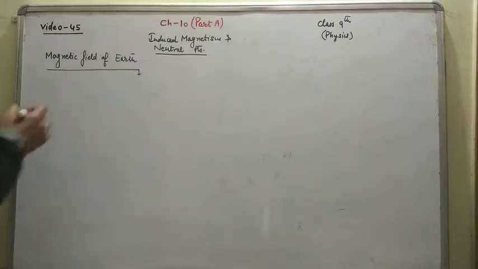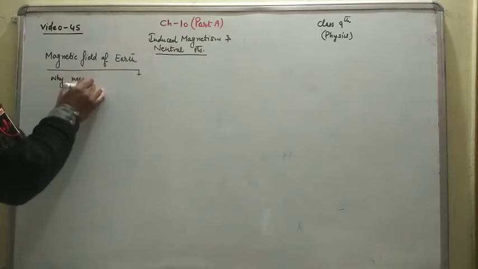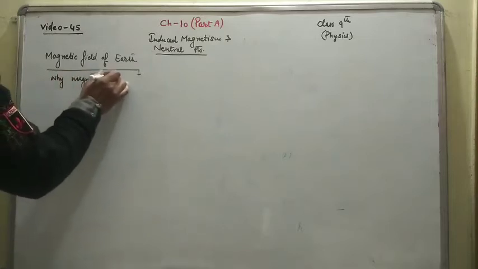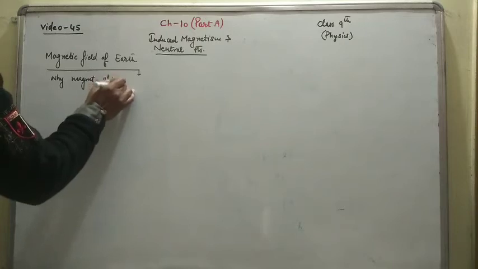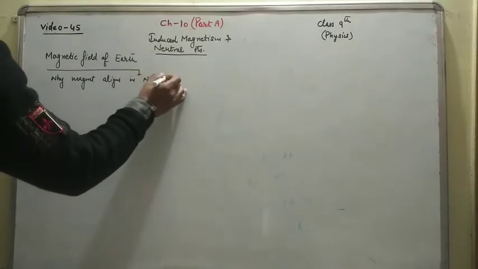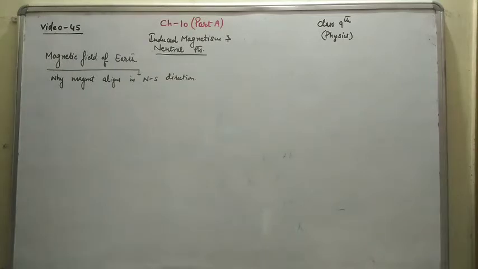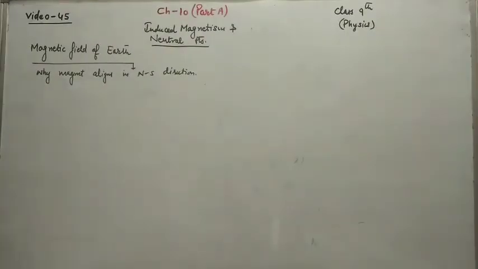While the magnet aligns in the north-south direction, the reason is that the magnetic field of Earth is always existing, because Earth behaves like a magnet.